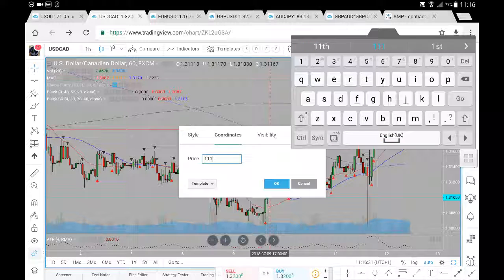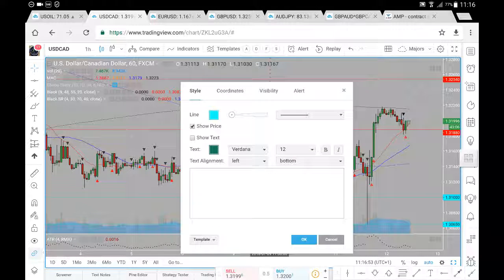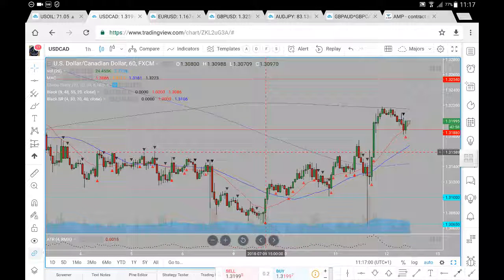As you can see, technology is currently not complying with my request. 130, let's go with 65. Go with style. I'm going to choose blue, and that should be it actually. So there we go. So it is in fact in around at 130.65. So we'll just save those drawings to the charts. So yeah, there we are.